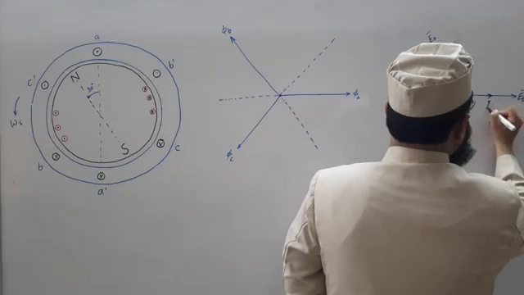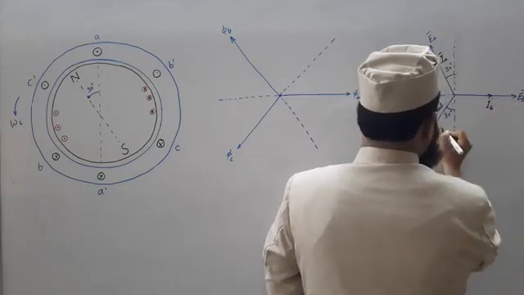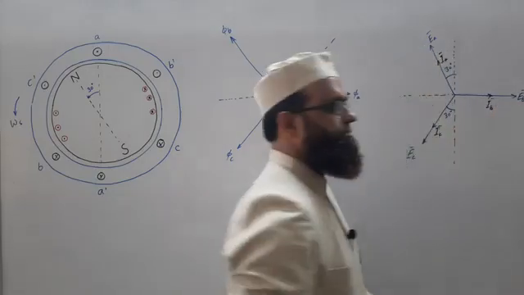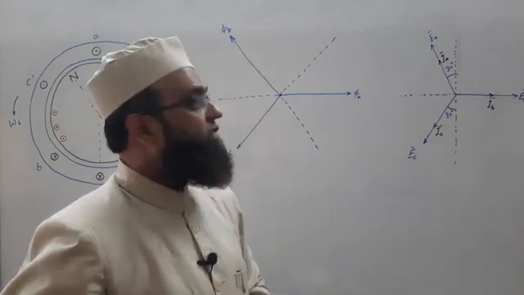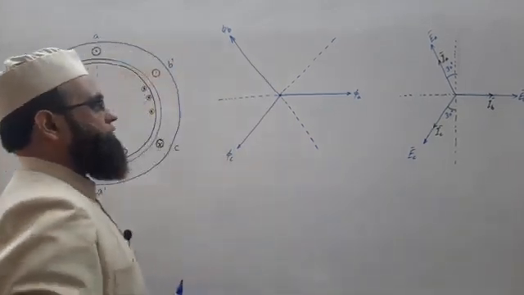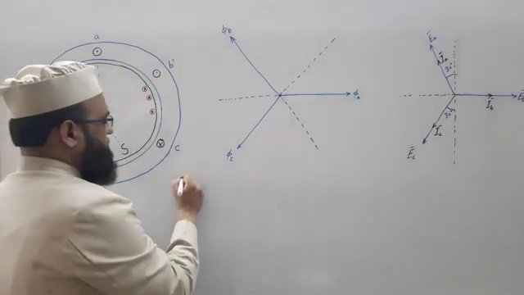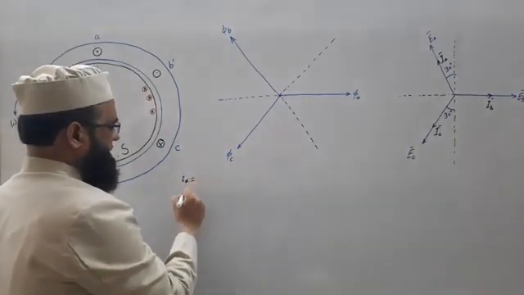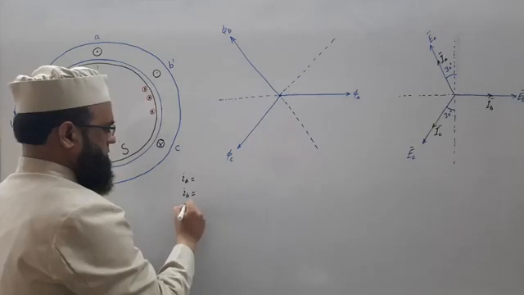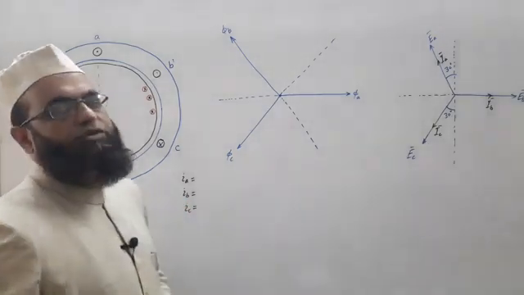Here IB and here IC, fine. So, first write the instantaneous values IA, IB, IC and the corresponding fluxes.